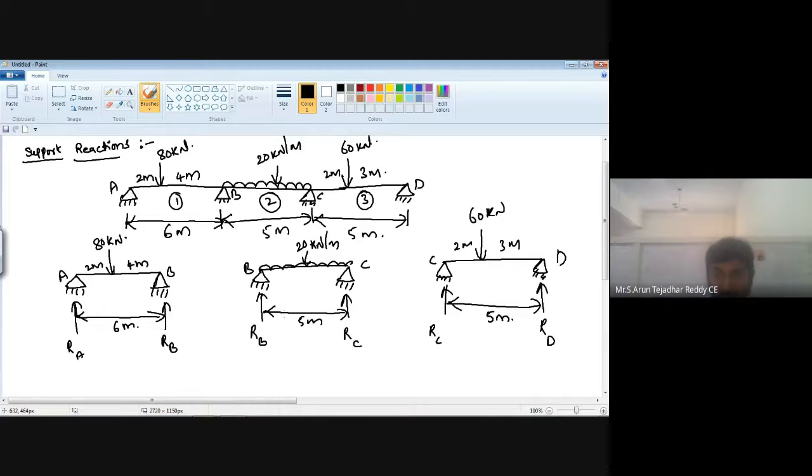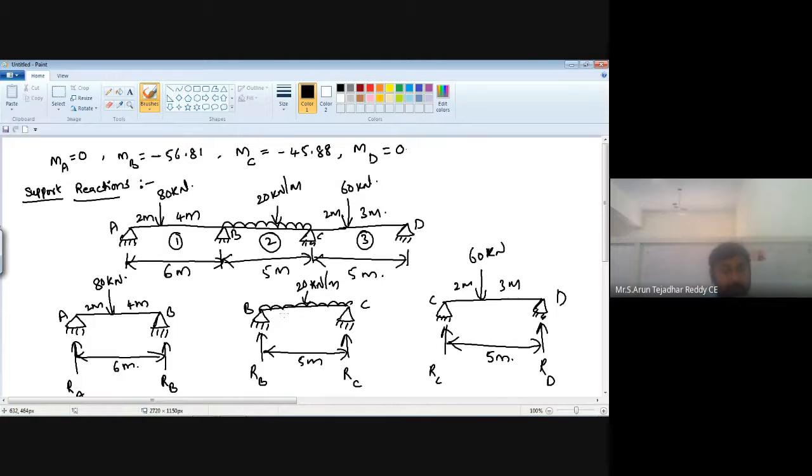Now, see, already we calculated the fixing moment values, and I also explained the bending moment sign convention, how to take the direction: if it is positive, which direction, and if it is negative, which direction. Each and every point I explained in the previous class. Here MA is 0, so no need to draw MA, where MB is 56.81.